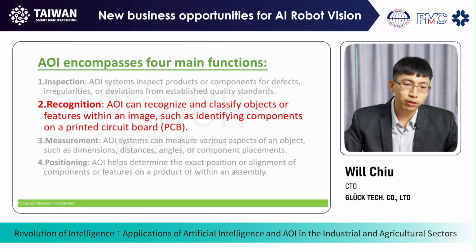Okay, let's talk about the second main function of the AOI. It's called recognition. AOI can recognize and classify objects or features within an image, such as identifying components on a PC board. This function often involves pattern recognition, machine learning, and deep learning. We all know that AI is very important in deep learning technology.